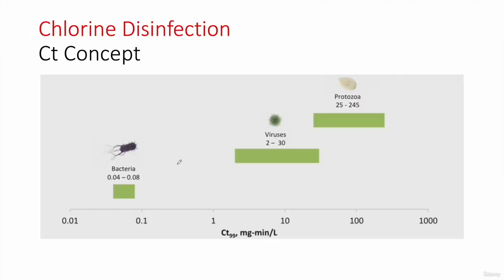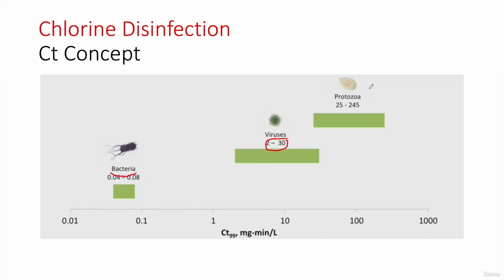This table summarizes the effectiveness of chlorine over the removal of some pathogens. For example, if I have bacteria, I need a low CT value. So a small concentration of chlorine and a low contact time is enough for the removal of bacteria. I need higher CT values, so between 2 to 30 milligrams minute per liter to remove viruses.